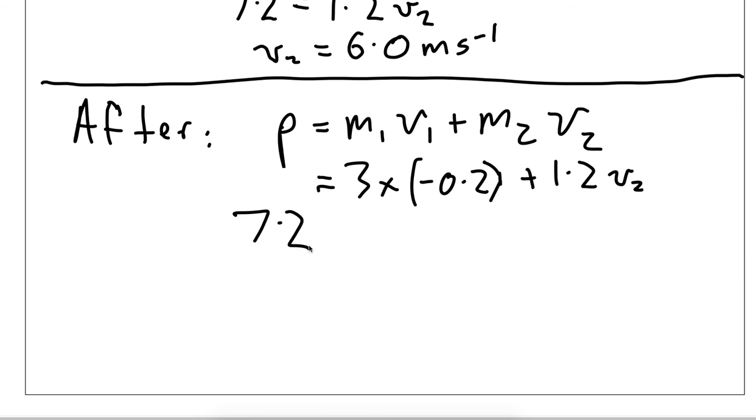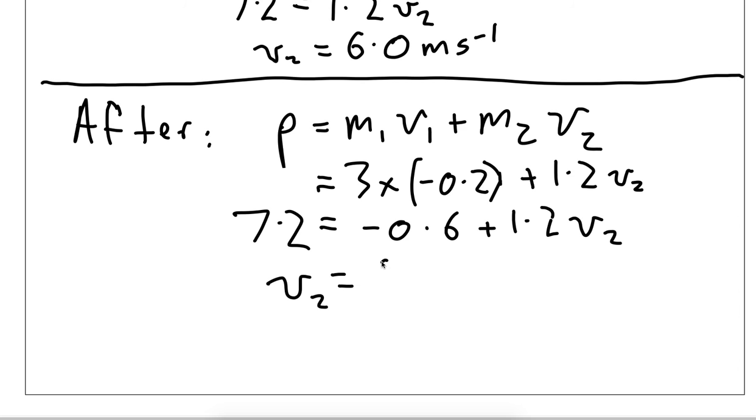So 7.2, because the momentum is conserved, equals 3 times minus 0.2, which is minus 0.6, plus 1.2 V2. If we rearrange and calculate V2, we get 7.8 divided by 1.2, which is 6.5 meters per second, which is just very slightly faster and in the same direction. So it heads off to the left again, but a little bit faster.